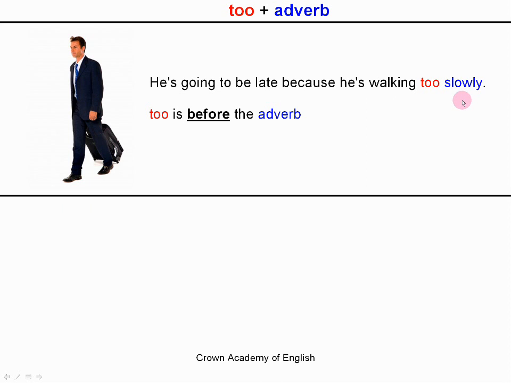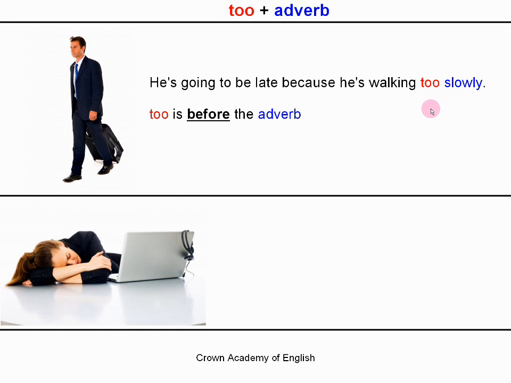So slowly is the adverb. Slowly describes the verb. Okay, he's walking slowly. And too modifies the word slowly. So it means that he is walking excessively slowly. Okay.